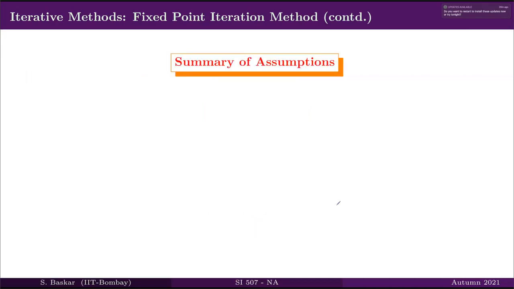Let us summarize all the assumptions that we are going to impose on the iterative function. First is that the function g that we choose should be a self map in the interval in which our original equation has a root of our interest. This condition makes our iteration to be well defined.